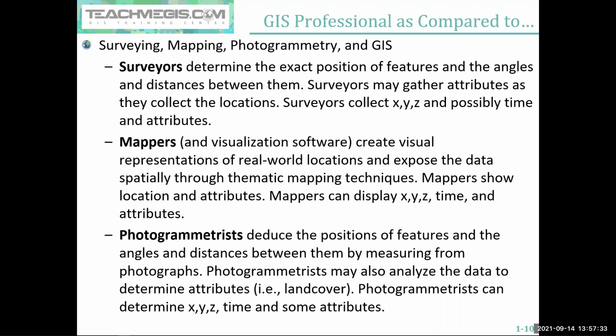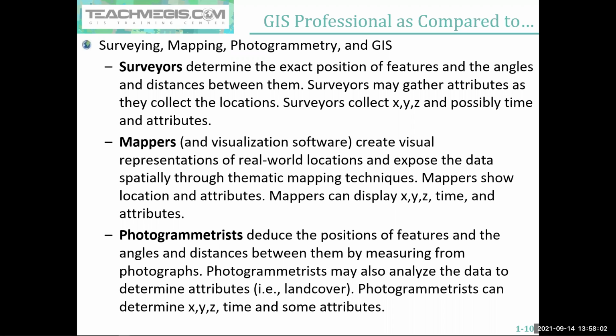They might, for example, collect the time of day or some information about the property, and that's normal and that's okay. But GIS is different. And of course, guys, if you are a surveyor, a mapper, photogrammetrist, I'm not at all trying to give a complete description of what you guys do, because I know you do a ton of stuff. I'm just trying to give you the high level of what might be pulled out on the exam, okay?